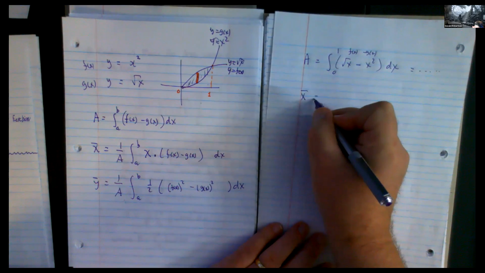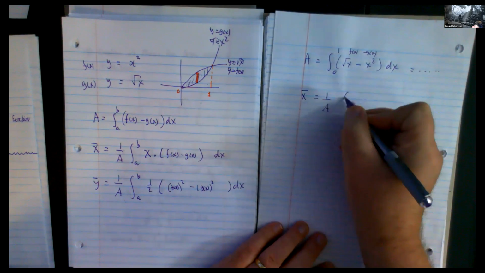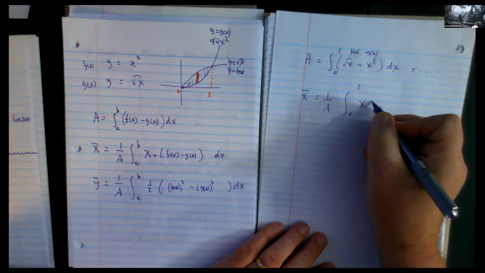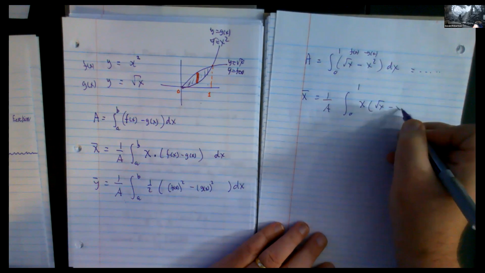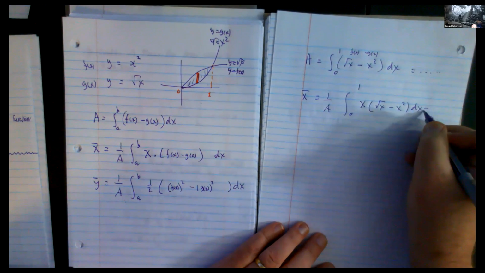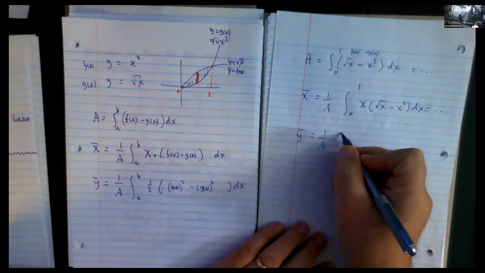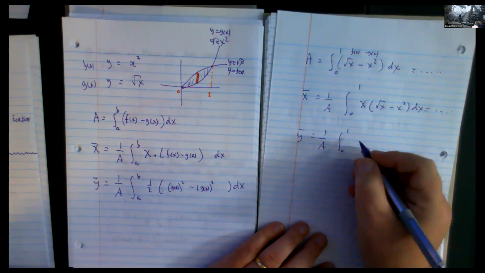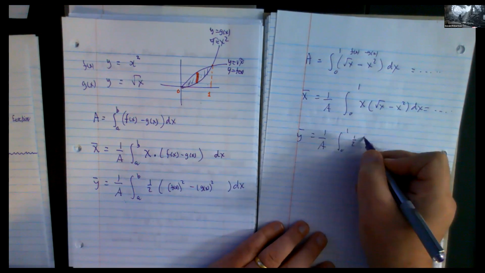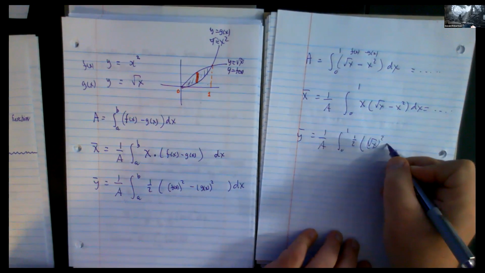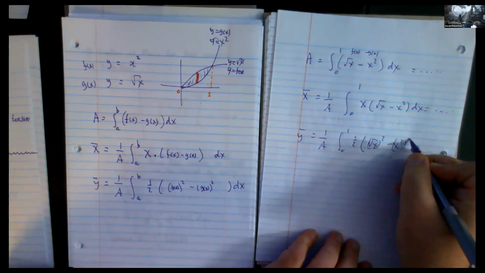X bar will be 1 over a, the integral from 0 to 1 of x times that guy. And then you'll get what you get. And y bar will be 1 over a, the integral from 0 to 1 of 1/2 this guy squared, take away that guy squared.